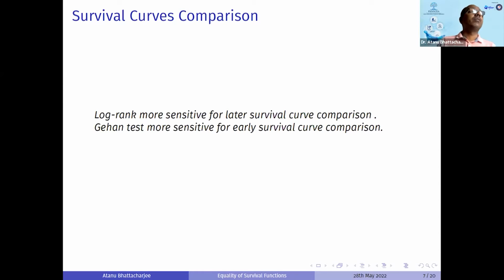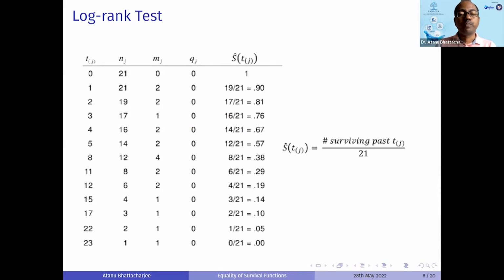But unfortunately, for making the earlier curve comparison, people always use the log rank test, and that is not the correct way to apply it. That's why the Gehan test is there. Both tests work nicely, but theoretically the Gehan test is much better if you want to look at the initial curve comparison.